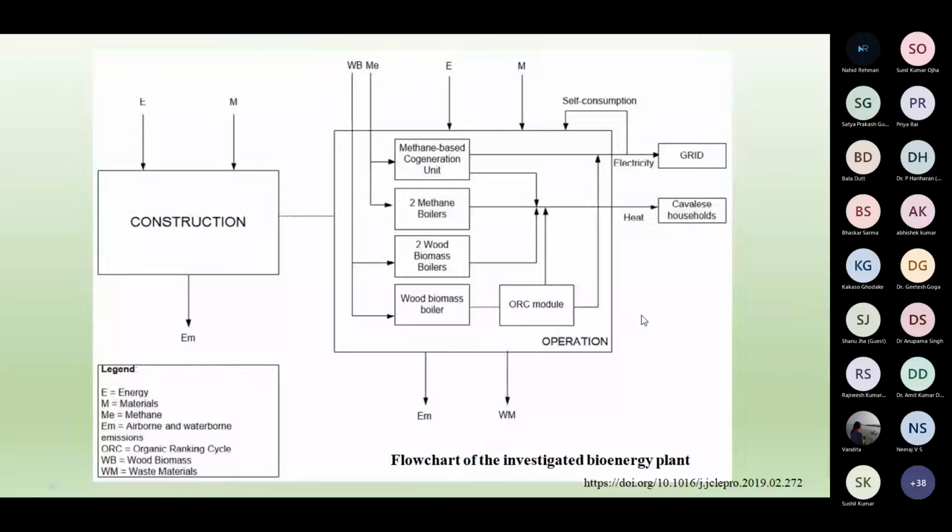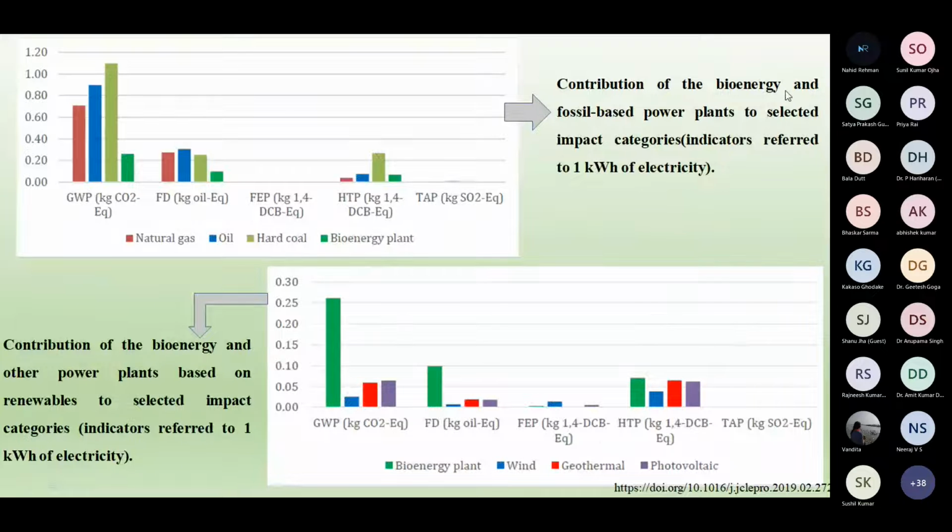So you see here the contribution of bioenergy and fossil based power plants. So you will see here natural gas, oil, hard coal, and bioenergy plant. So this is the comparison which is being shown.